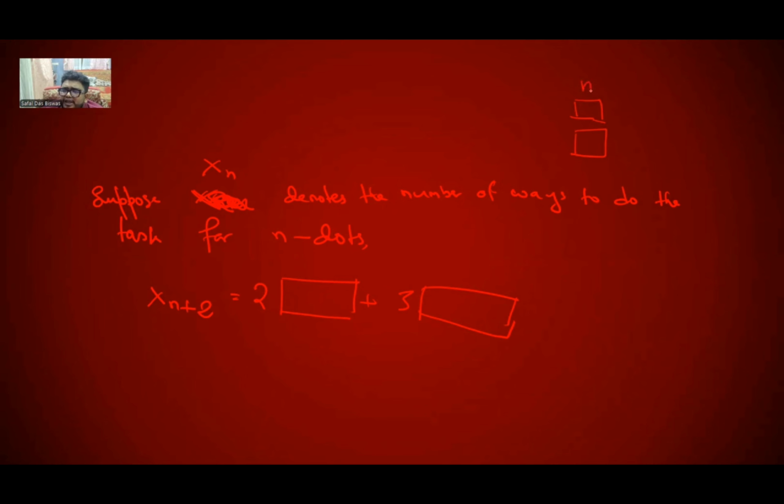From each box in the nth stage we can go to the n plus 1th stage. So we have each box, this is the n plus 1th stage and this is the n plus 2th stage.